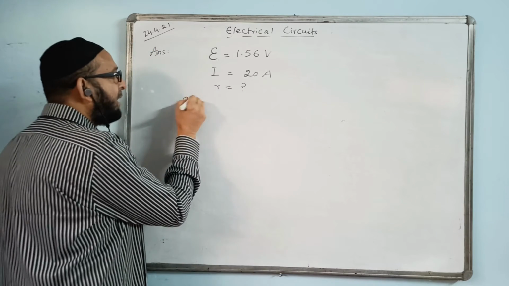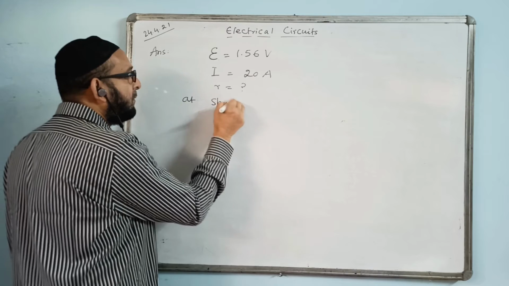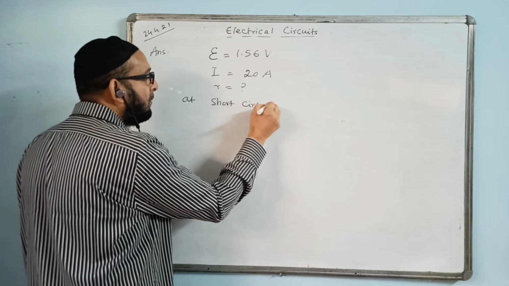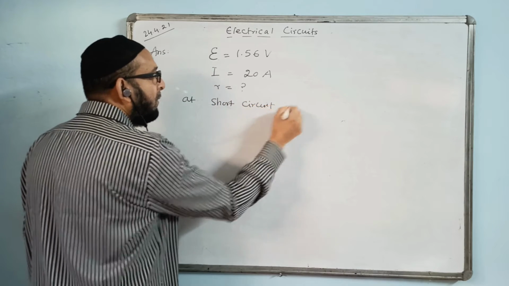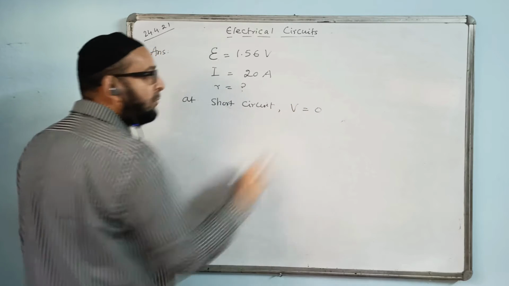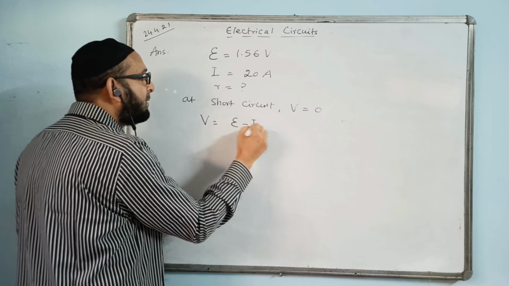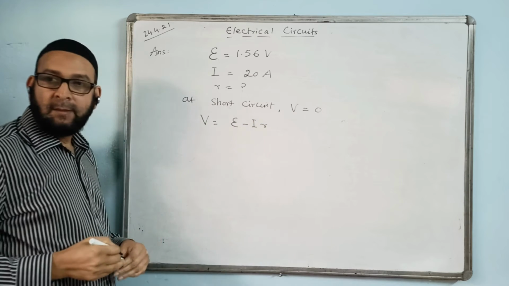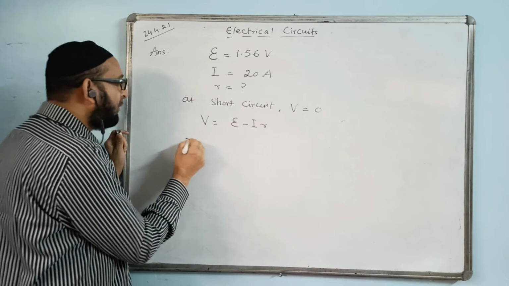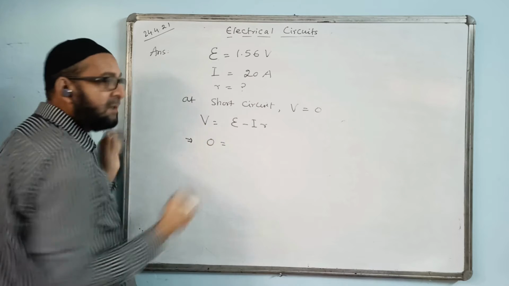So we write like this: at short circuit, V value 0. V means the terminal voltage. So let us use the formula of V. V formula is E minus Ir. Now from here we will find the value of unknown. V value put 0 because short circuit is taking place.